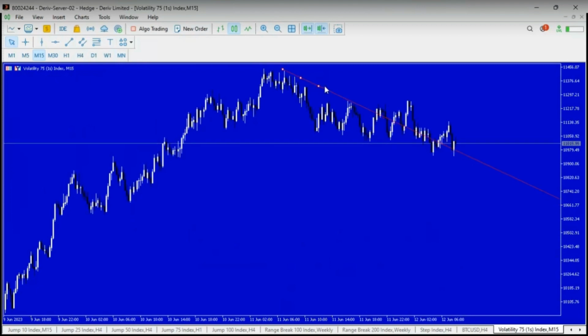Now I think I'm going to have a problem with not having that mouse. Okay, this is what is happening on our M15 time frame.